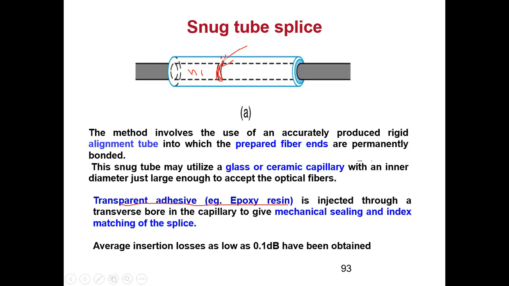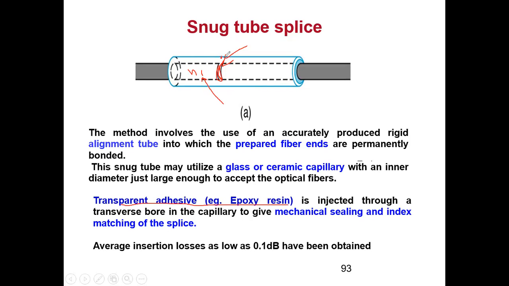So this epoxy resin, which is a transparent adhesive, is index matched with the fiber core. If the index matching is different, then again there will be loss at this particular joint. So the reason why we select epoxy resin is that it is index matched with the fiber core.